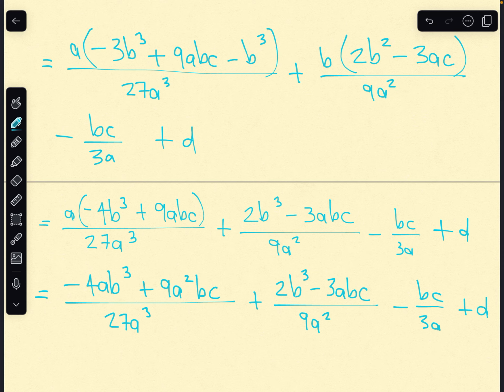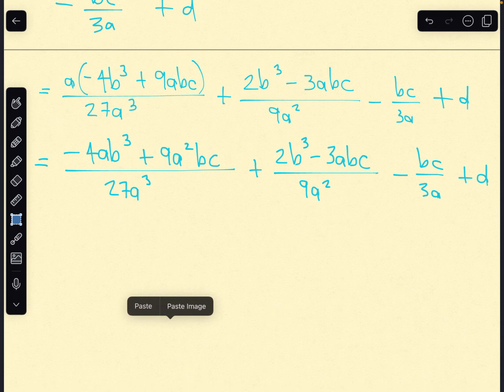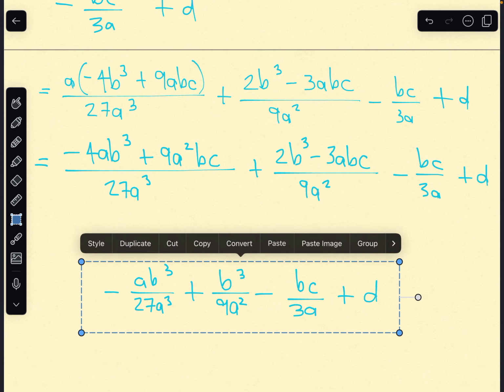I think I'm going to have to put them over one fraction now, because what did we say we're trying to work towards? Let me just remind myself. So we were hoping to get to this.